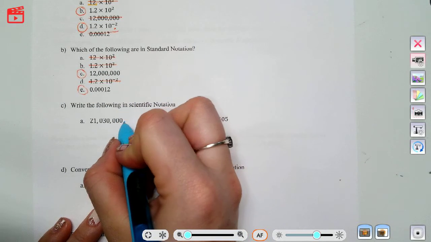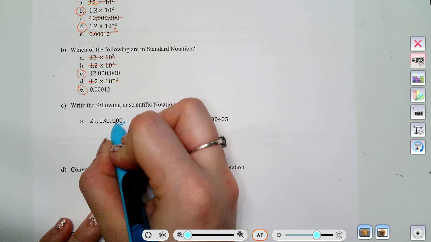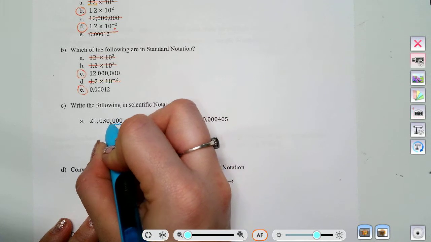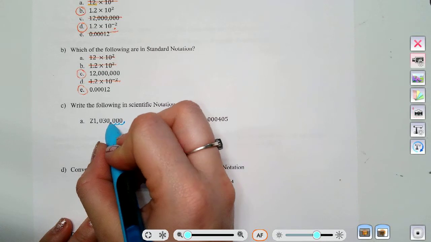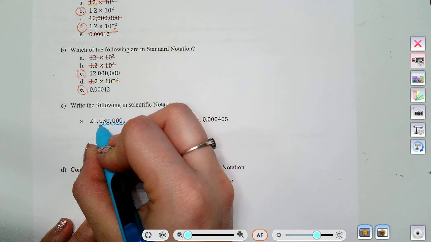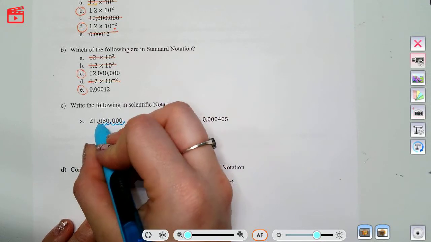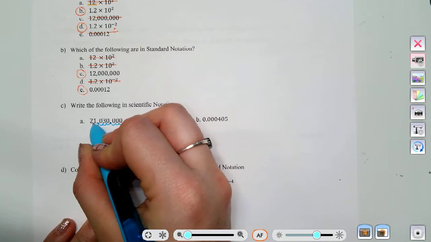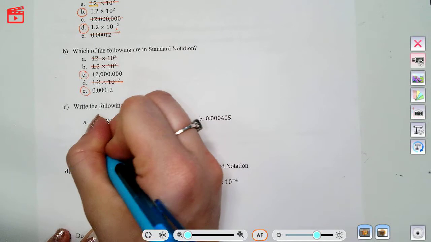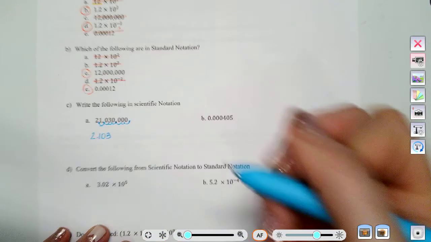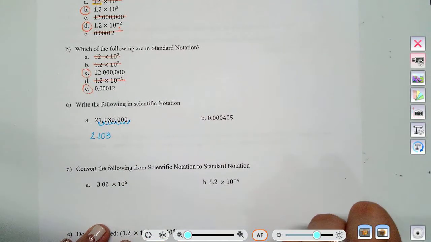If I move my decimal 1, 2, 3 places, that's 21,030. That's still not between 1 and 10. So I'm going to keep moving my decimal until, oop, that's 21, almost there. Aha! I have now hit 2.103, which is between 1 and 10.